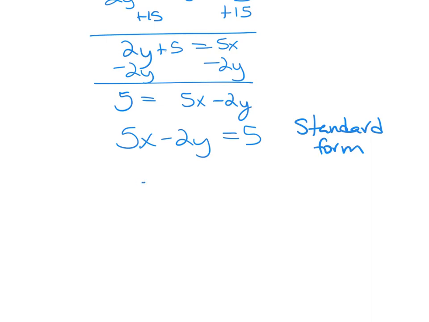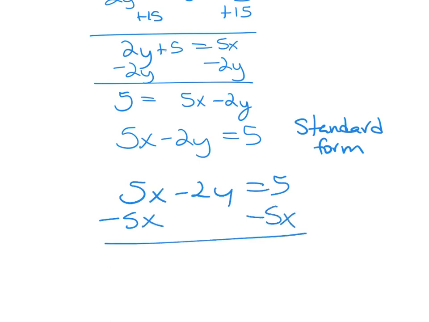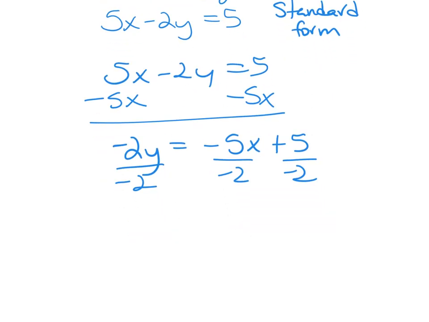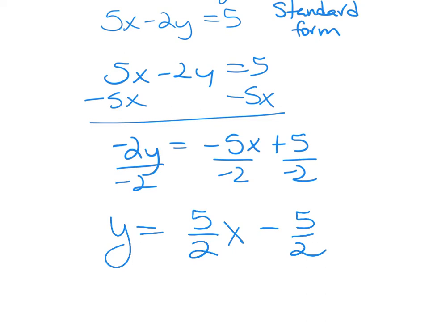So if I want now slope-intercept, I'm going to subtract the 5x. Negative 2y is equal to negative 5x plus 5. Divide everything by negative 2. And notice negative divided by negative makes this positive 5 over 2x minus 5 over 2.